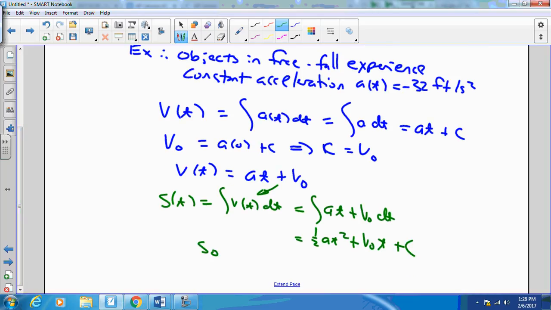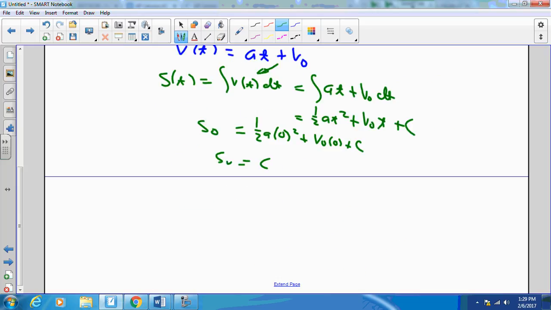And when I substitute the initial condition of s0, I find that my constant c is just equal to s0. And so I get this equation. It is also familiar to students of physics: s of t is equal to 1/2 at squared plus v0t plus the initial position.